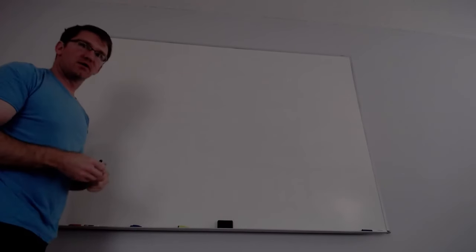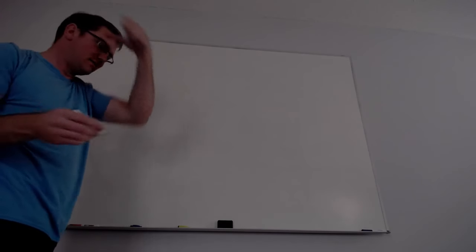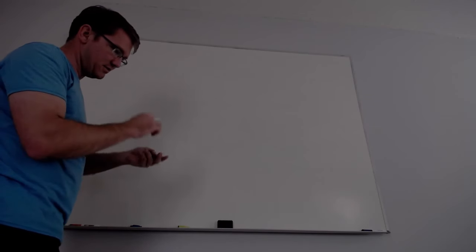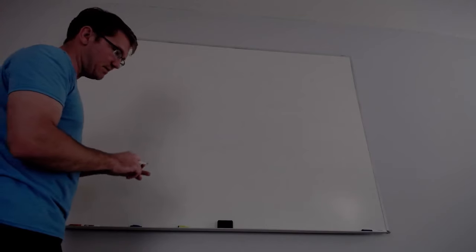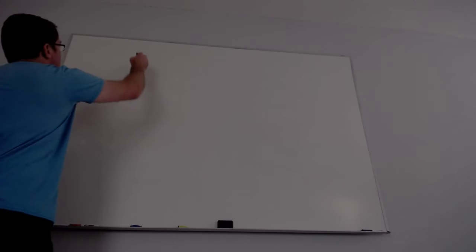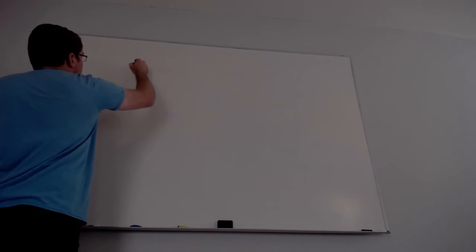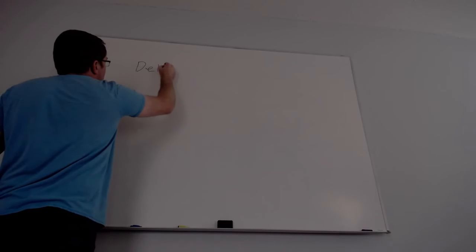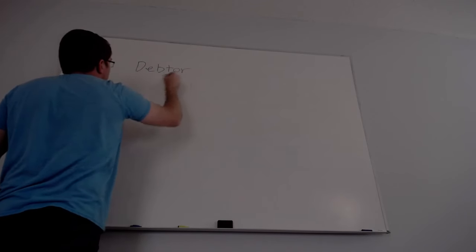All right, so we'll go back over the main things. What's the main things? 3 things. Debtor, balance, payment.